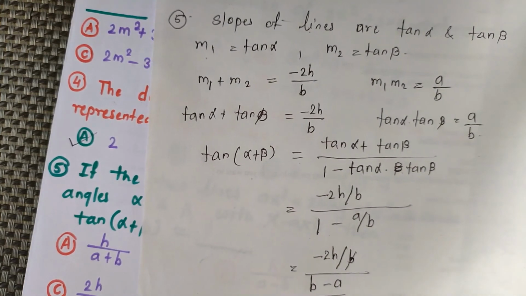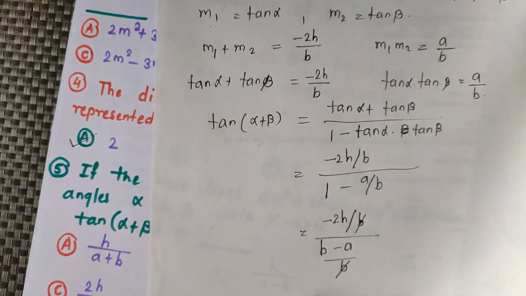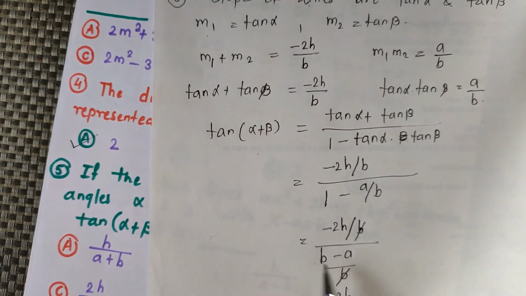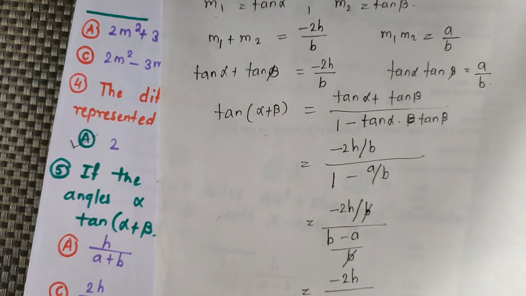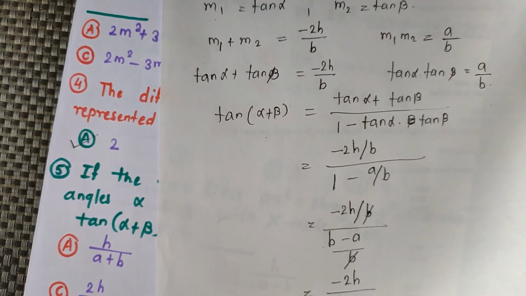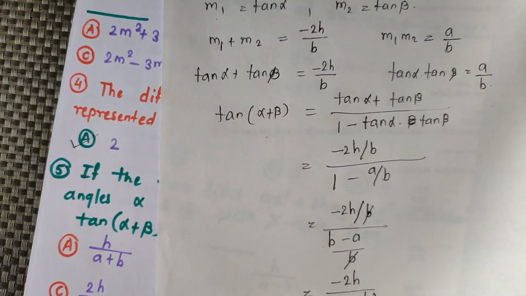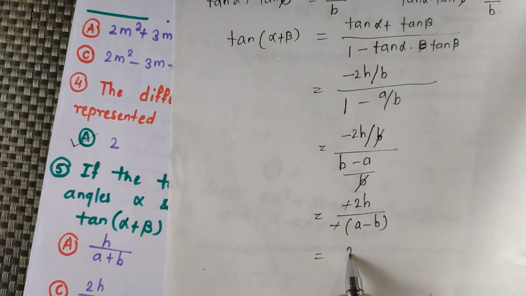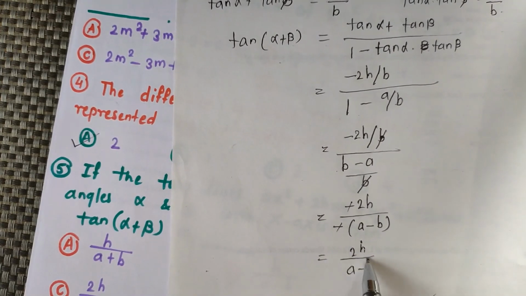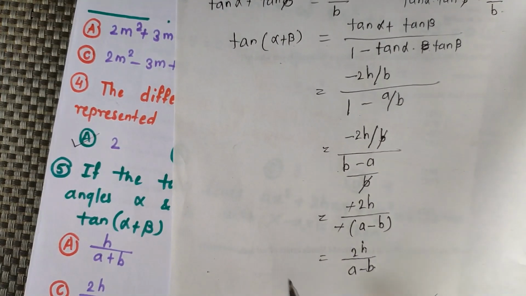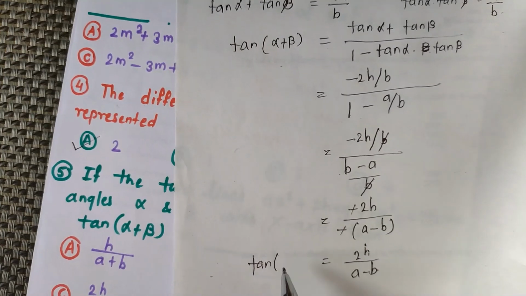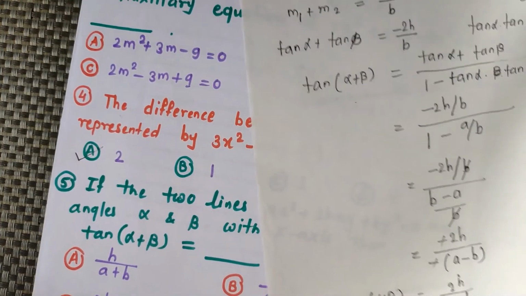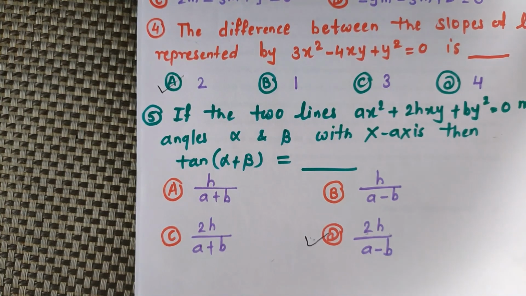Here the denominator b will be cancelled, and minus 2h upon, taking the minus sign as common, we get minus a minus b. Here the minus sign will be cancelled, and we get 2h upon a minus b. This is the value of tan alpha plus beta, 2h upon a minus b. Correct option is 2h upon a minus b.